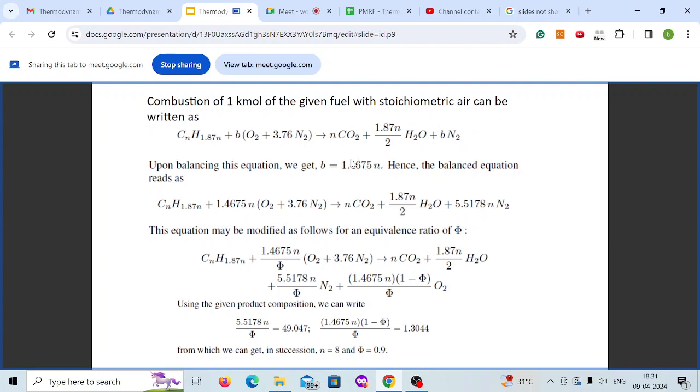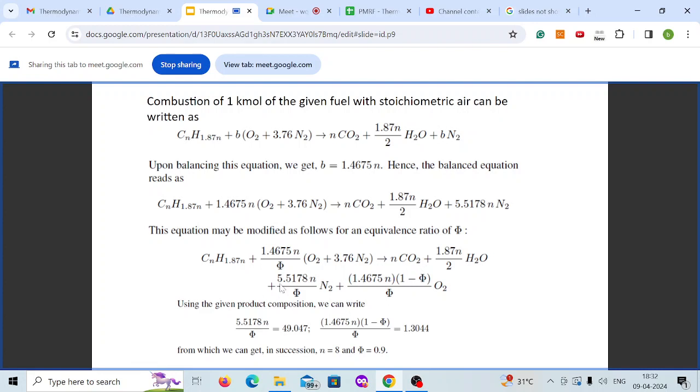That is the stoichiometric moles of air required. You substitute that, and then you take the actual amount of air, writing the actual moles of air in terms of the equivalence ratio, and again balance the reaction equation.